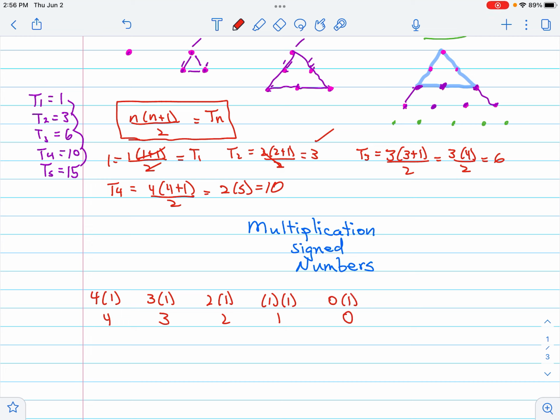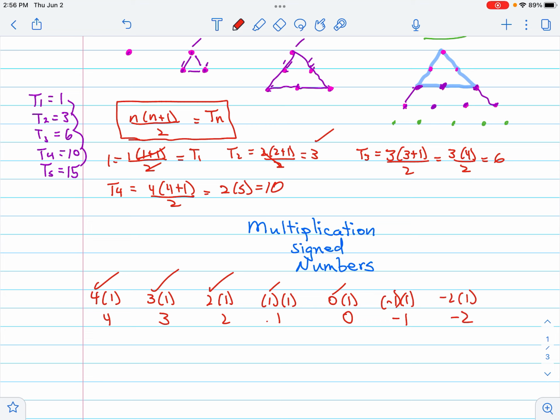Now notice this pattern: 4 times 1, 3 times 1, 2 times 1. We keep subtracting 1. Every time we're decreasing by 1: 4, 3, 2, 1, 0. What would be the next number? Well, -1, right? So we've got -1 times 1, and then -2 times 1.